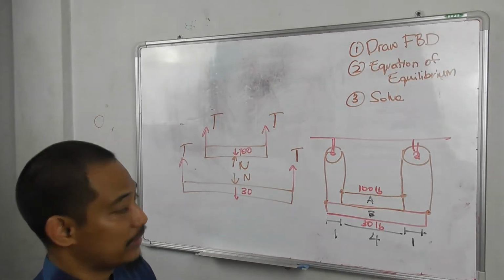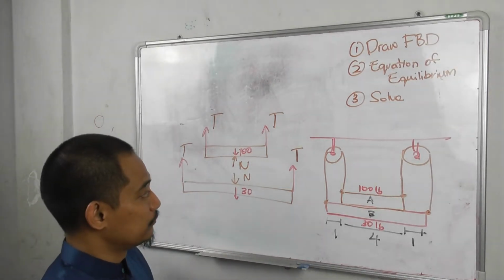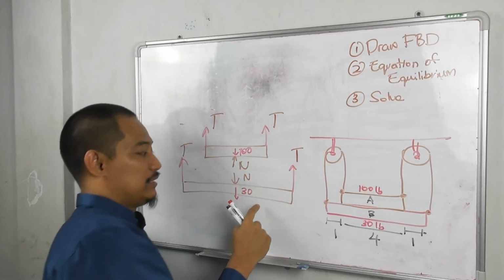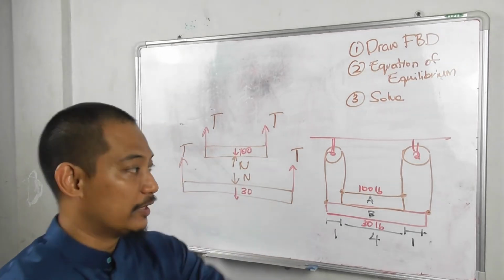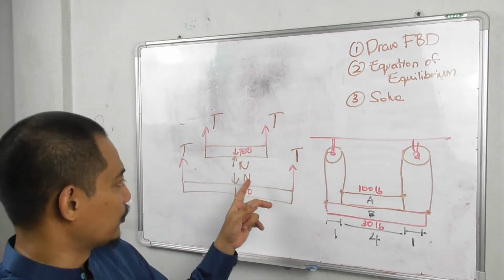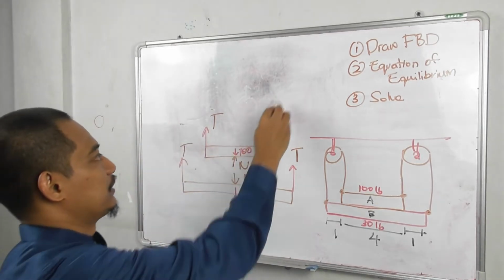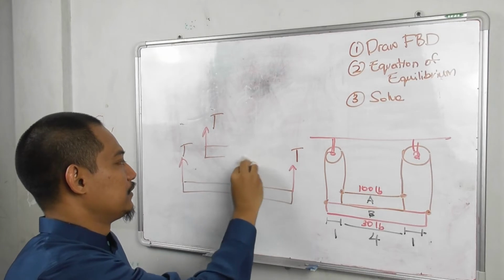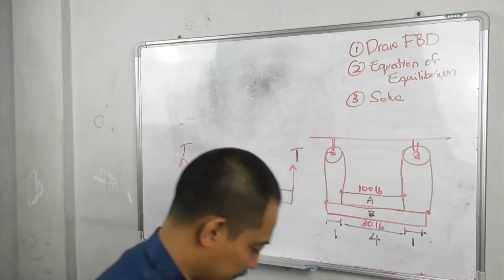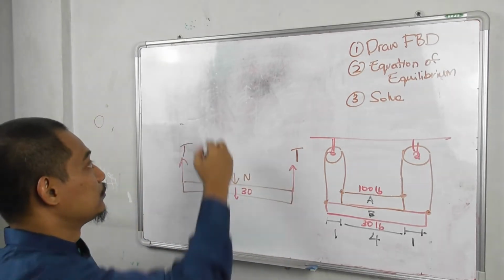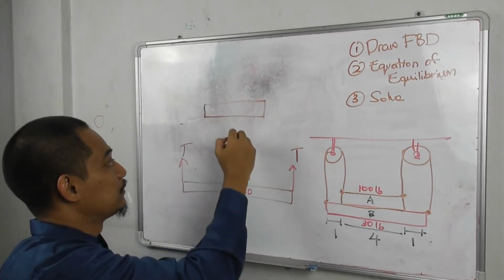So in this case, you actually have two free body diagrams, this free body diagram and this free body diagram, right? I'm sorry, the drawing is quite close to one another, so to make it more clear, I take it further apart, so it will be something like this.